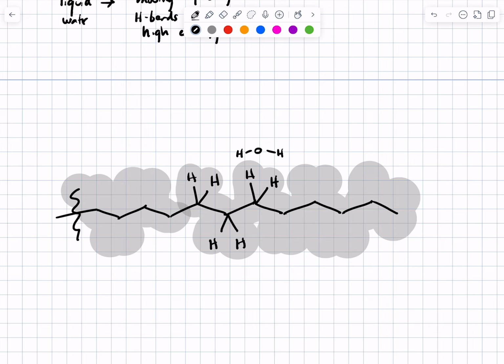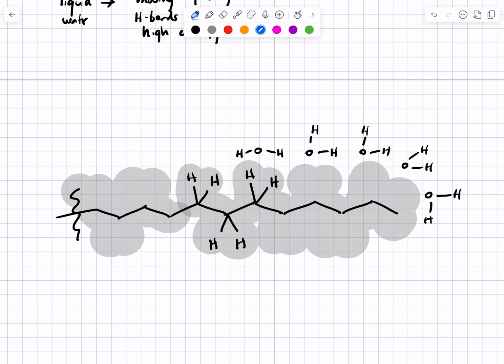They've had to give up some hydrogen bonds with other water molecules so that they can be close to the nonpolar molecule. As a result, the remaining hydrogen bonds that they have with the remaining water molecules become stronger and more rigid.